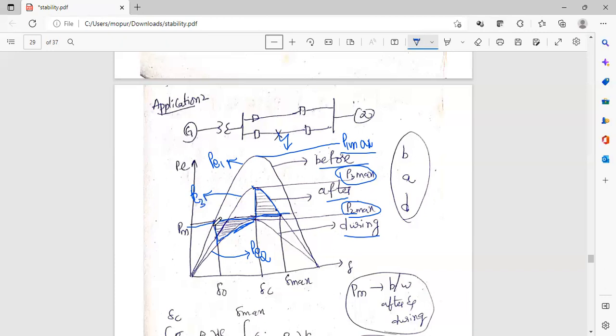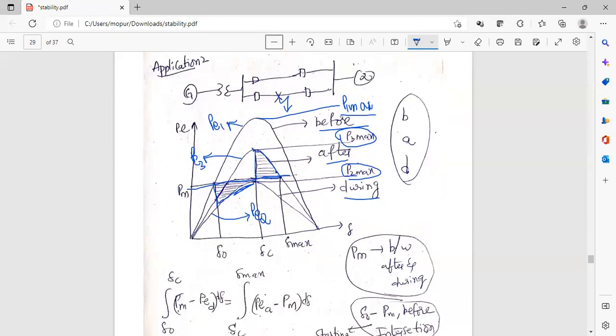Now what is this area? This is PM and this is PE2. So PM minus PE2, during, let us take it as PE2, is equal to, this is PEA minus PM. Here PEA, A is after, that is 3. This PM will be in between after and during.